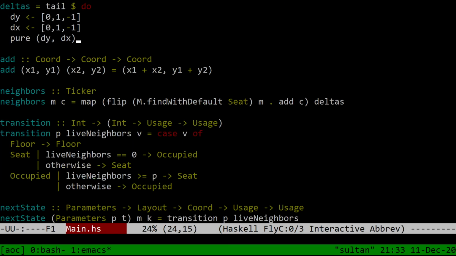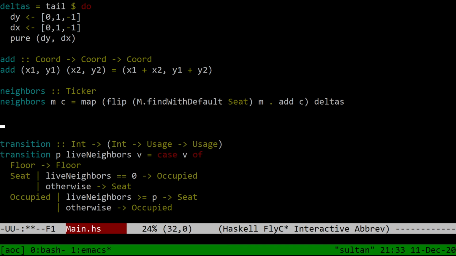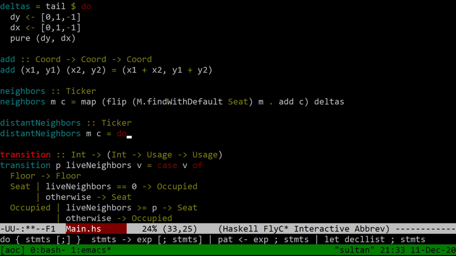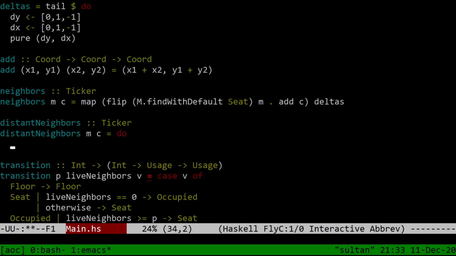Okay. So now we just need a new function, distant neighbors, which is a ticker. Distant neighbors of M and C equals, let's write a do here. That seems way better. So I'll be able to give names to my intermediate variables and think things through a little more clearly. Direction from deltas.